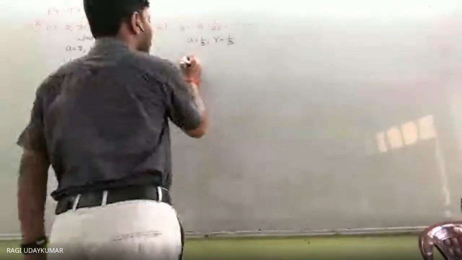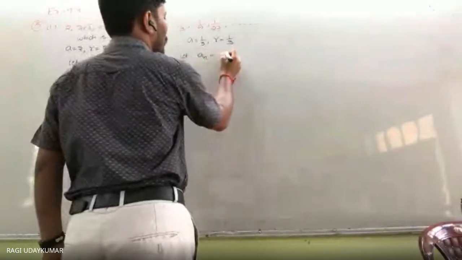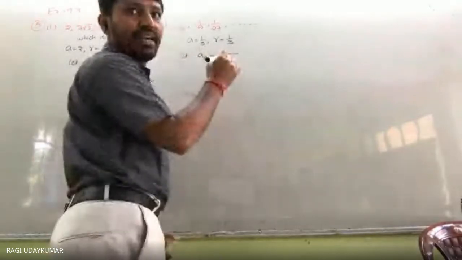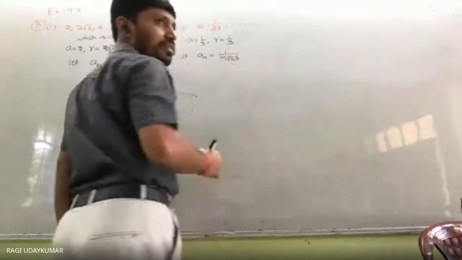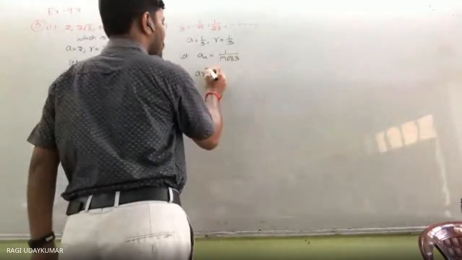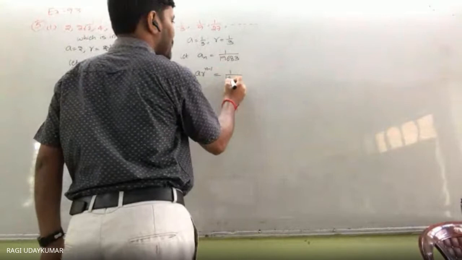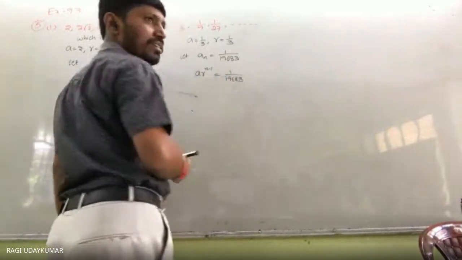We are multiplying by 1 by 3. Let a_n be 1 by 19,683. So a r to the power of n minus 1 is equal to 1 by 19,683.